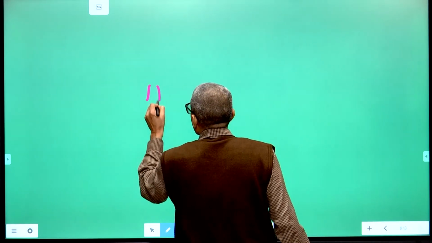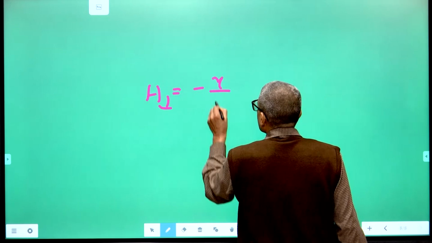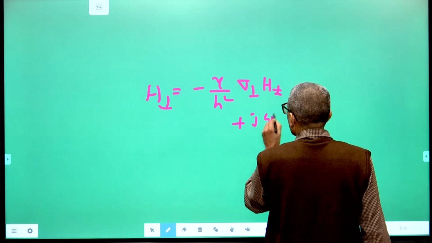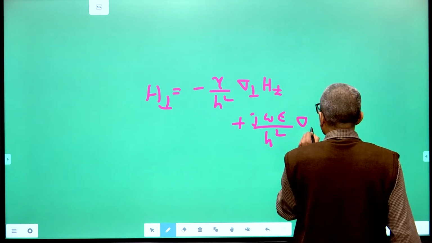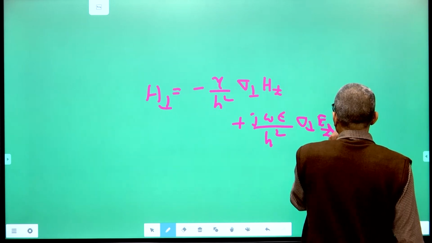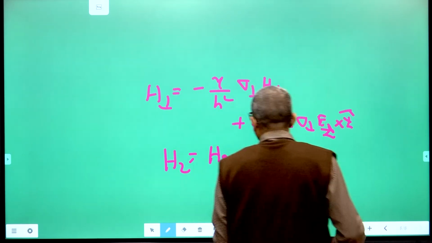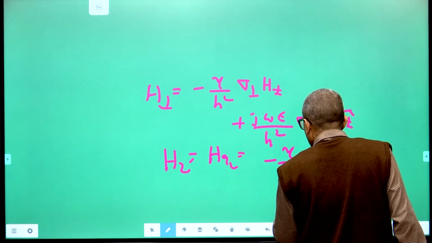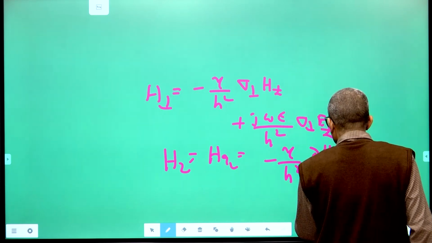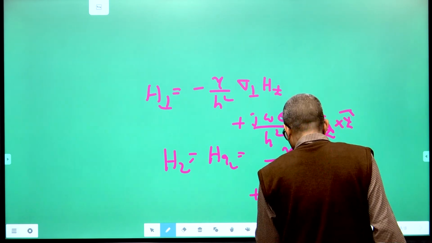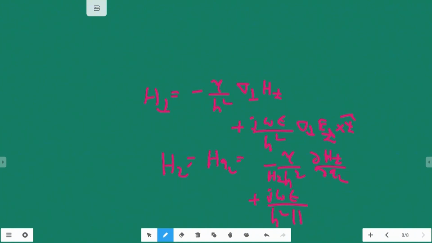You have H perpendicular equal to minus gamma by h squared del perpendicular Hz plus jωε by h squared del perpendicular Ez cross z cap. So you get H2, which is the same as Hq2, to be 0: minus gamma by h squared ∂Hz/∂q2 plus jωε by h squared into h1 into ∂Ez/∂q1 cross z cap with a negative sign.